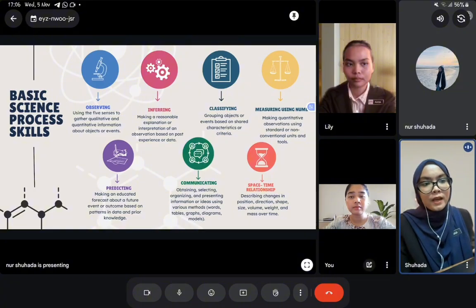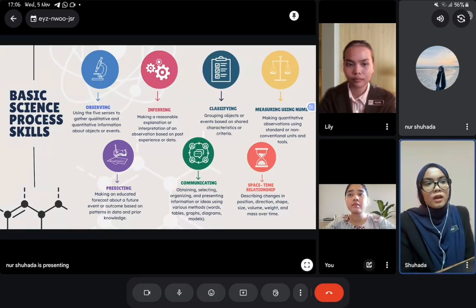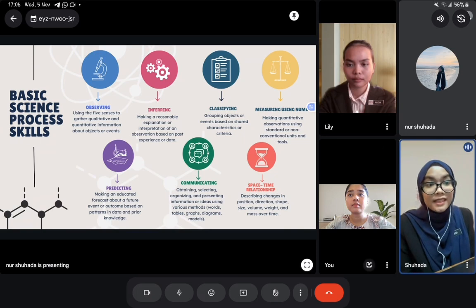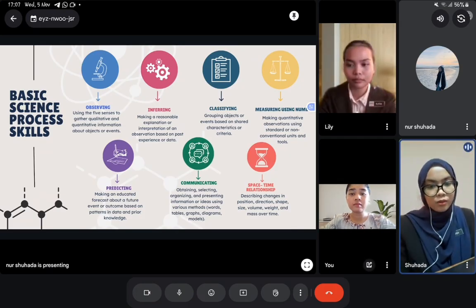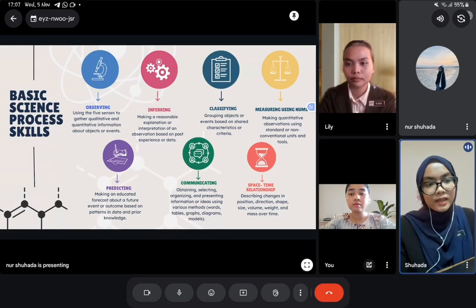For example, a plant near the window grows taller than one in the shade. The inference is that the plant near the window gets more sunlight, which helps it grow faster. So, observation plus reasoning using prior knowledge leads to inference.